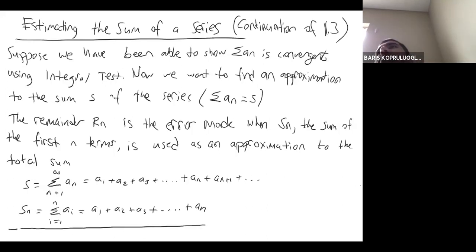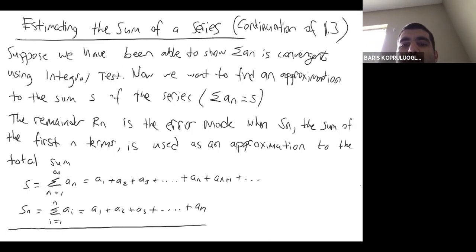Now, the error made in approximation is the difference between the actual sum, the real sum, and the approximation we're using. S is the sum of all terms, and S_n is the estimation we're using.